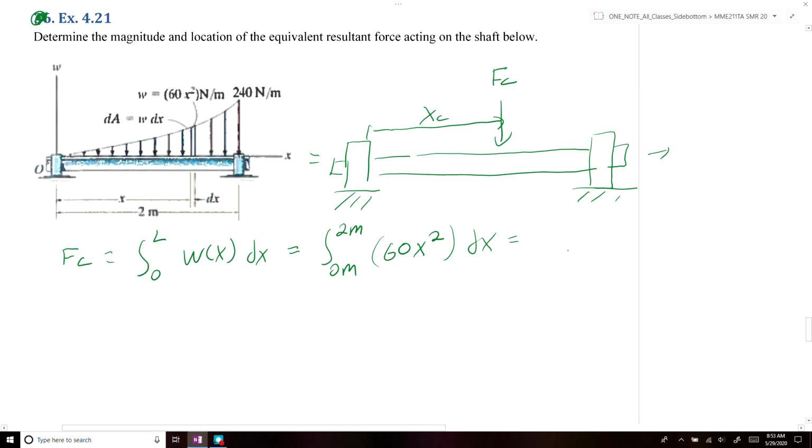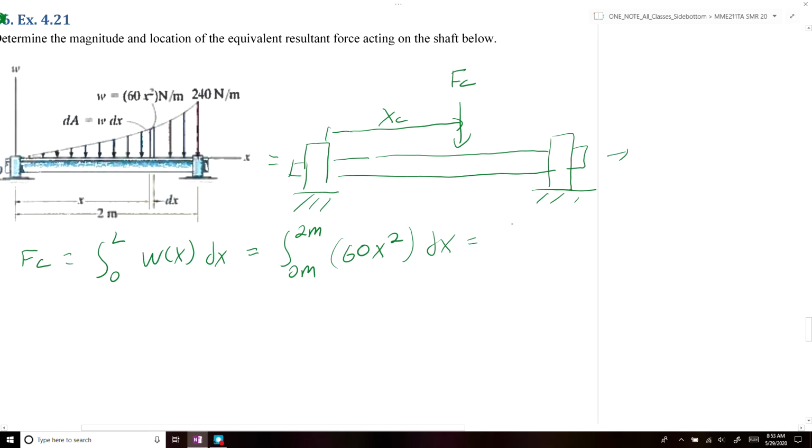If you take this all together, what we end up getting is 60 divided by 3 times x cubed from 0 meters to 2 meters. So if we evaluate that integral, we get 60 divided by 3 times 2 meters cubed minus 0 meters cubed.